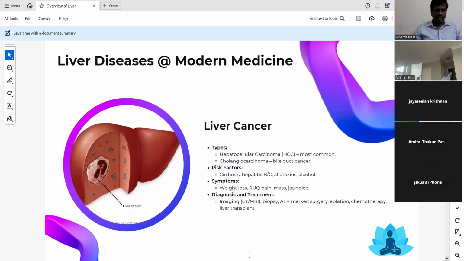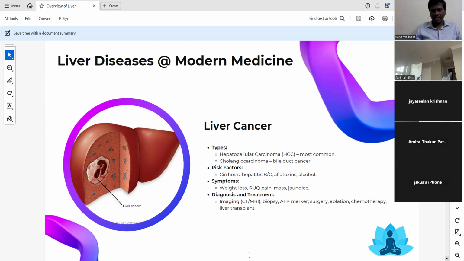Liver cancer, depending upon the location where it is present, whether it is in the bile duct or on the liver itself. On the liver itself is the common one, called hepatocellular carcinoma, HCC.